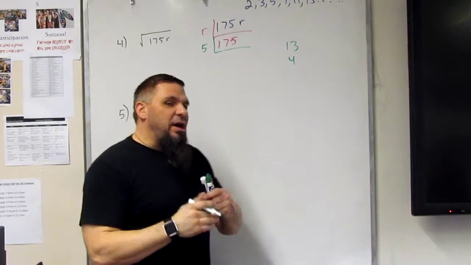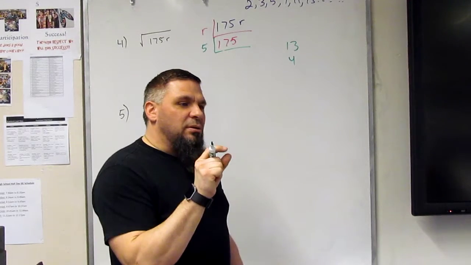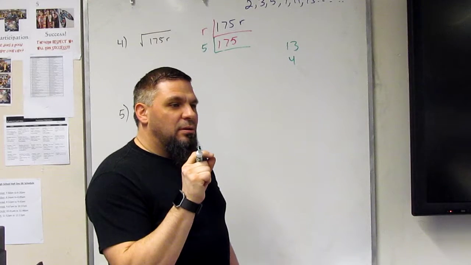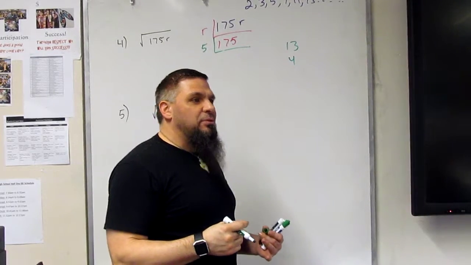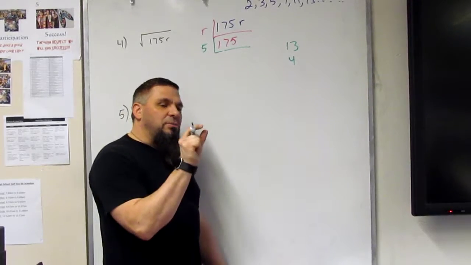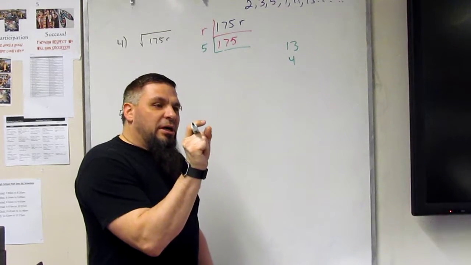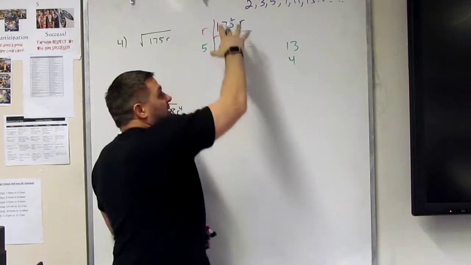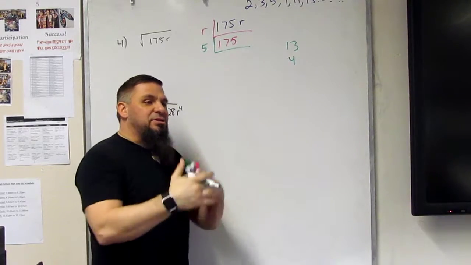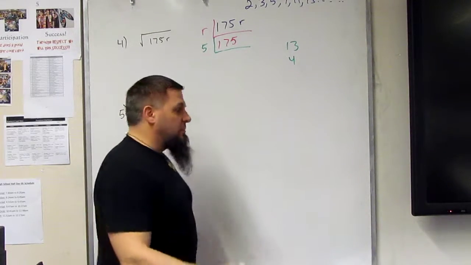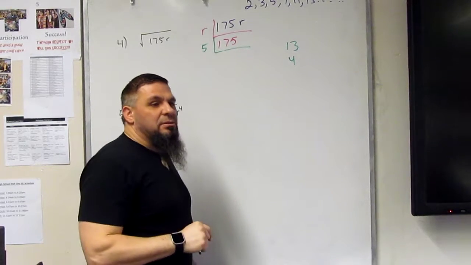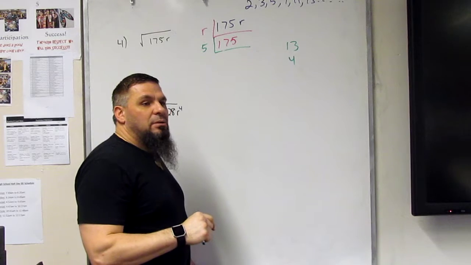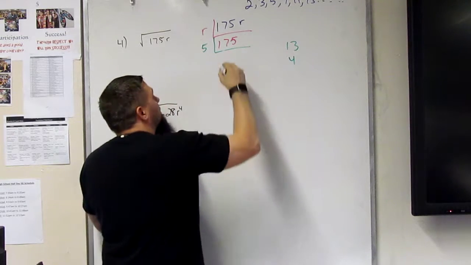And then this is where I use what's called short division. You guys paying attention? Because I'm really trying to teach you. So 5 goes into 17 how many times? 3 times.